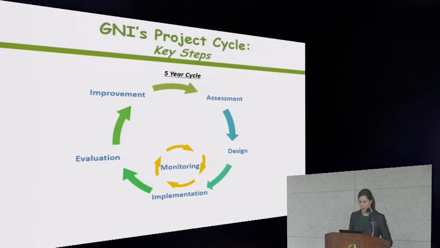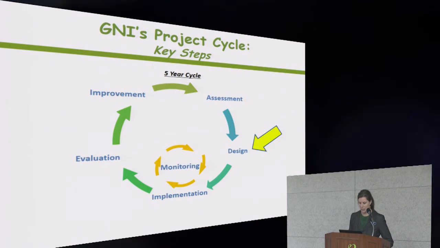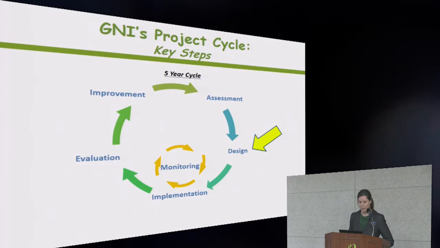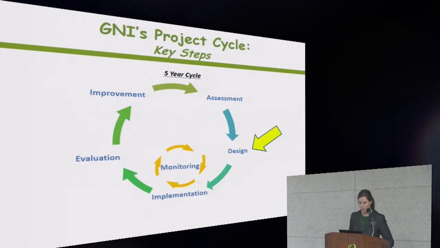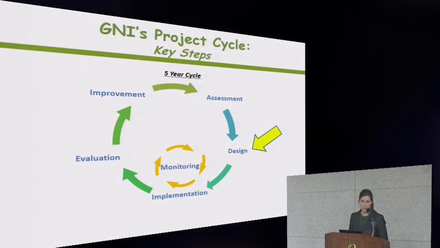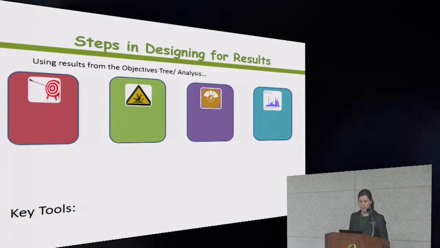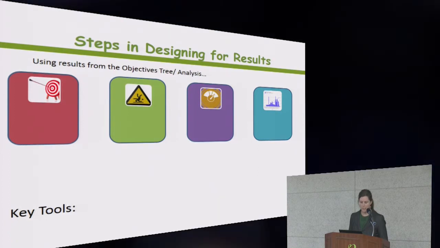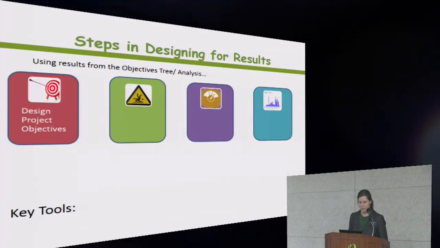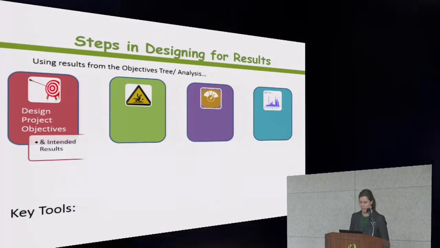Okay, so here we are in our project cycle. We've completed our assessment, and now we have a much clearer idea of the project site context. So now we need to use what we learned through the analysis and design a relevant project. So again, we're using the results of our analysis, and we're going to first refine and formulate project objectives and intended results.